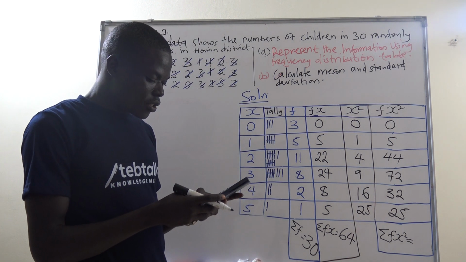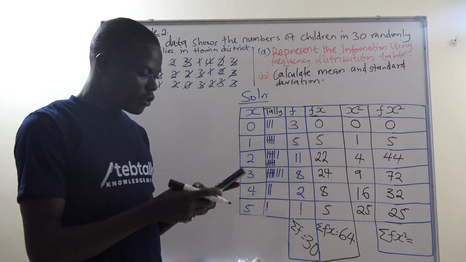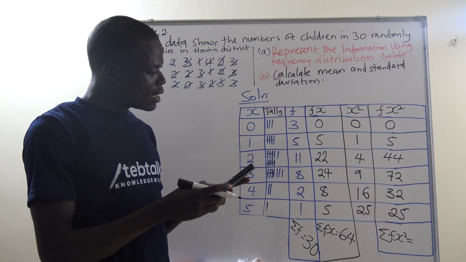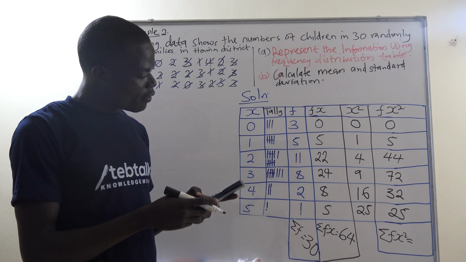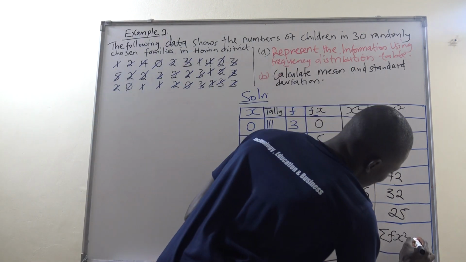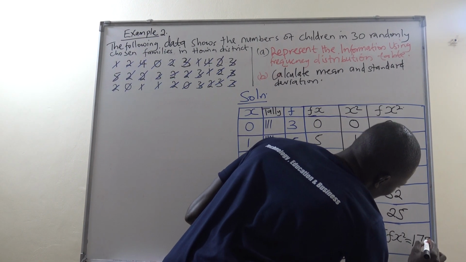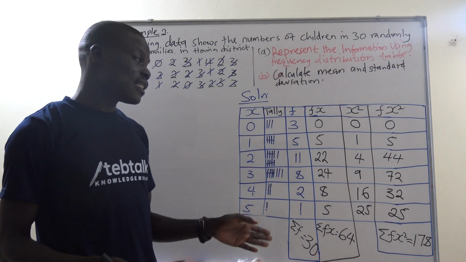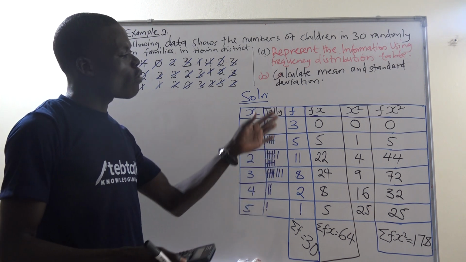So we shall get 0 plus 5, then we shall add 44 plus 72 plus 32 plus 25. So the value is giving me 178.